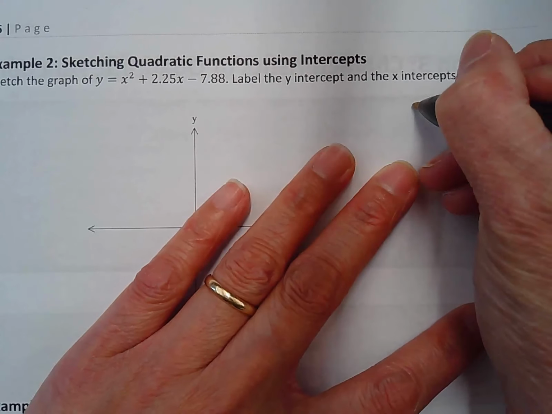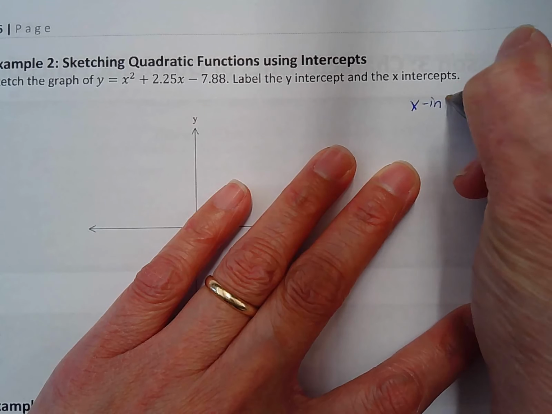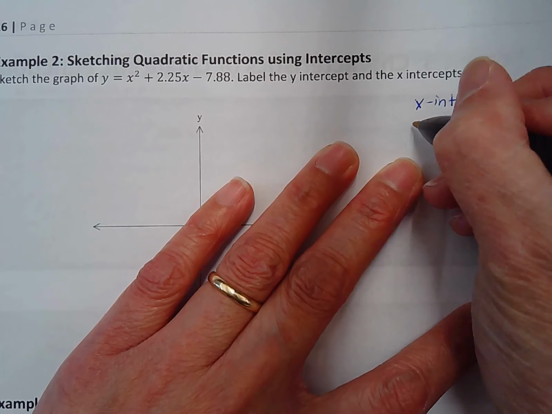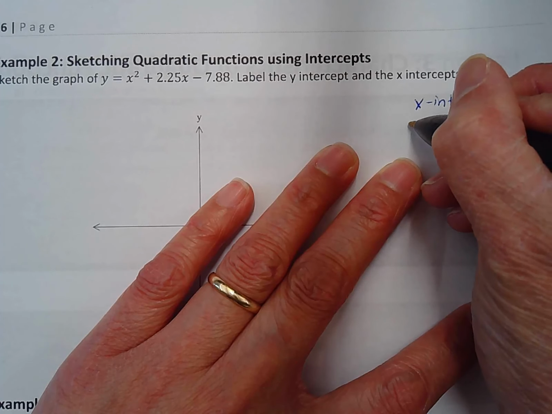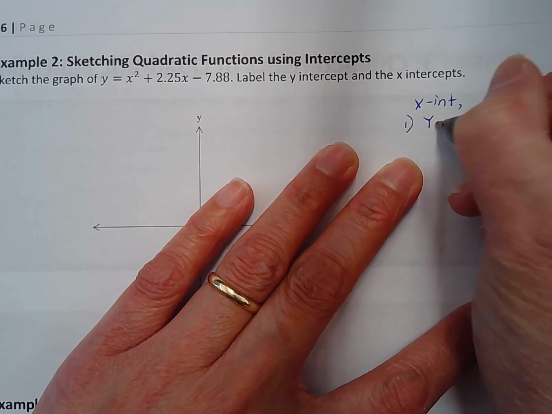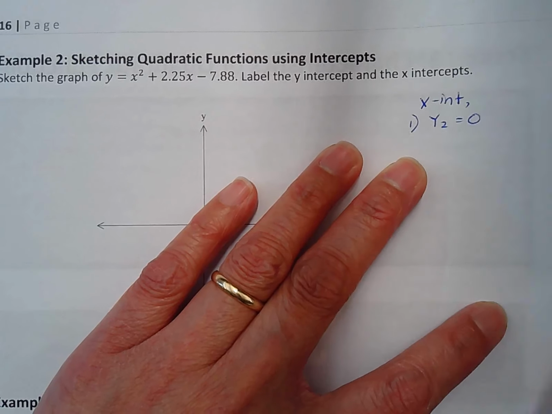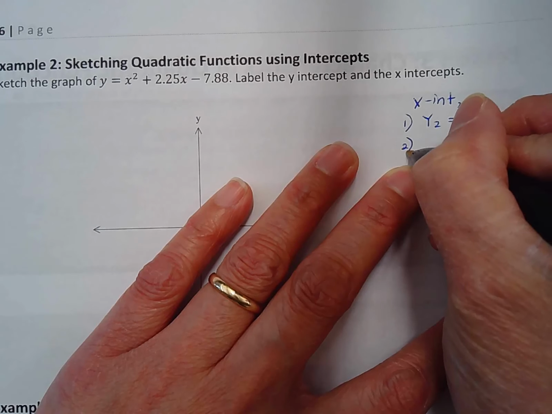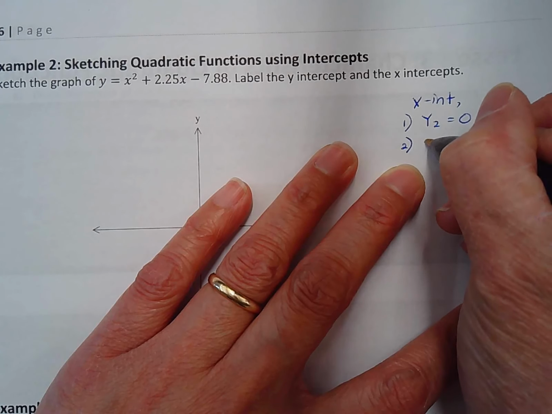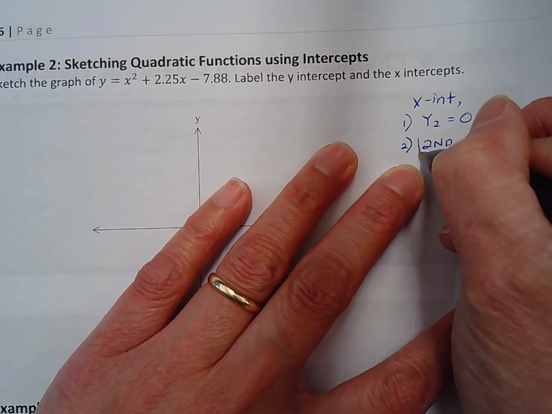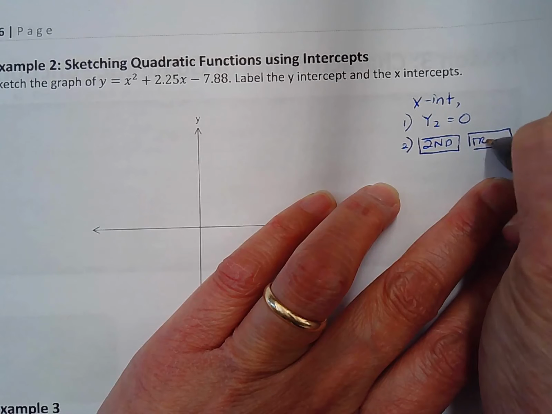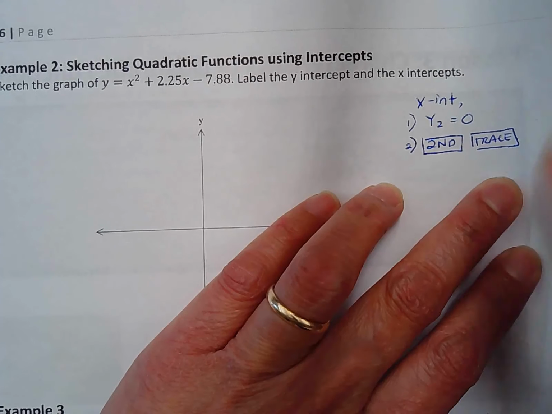So to figure out the x-intercept, step 1, you're going to go y2 equals 0. And then the second one, you're going to go second function trace. Okay, some of you already have this.